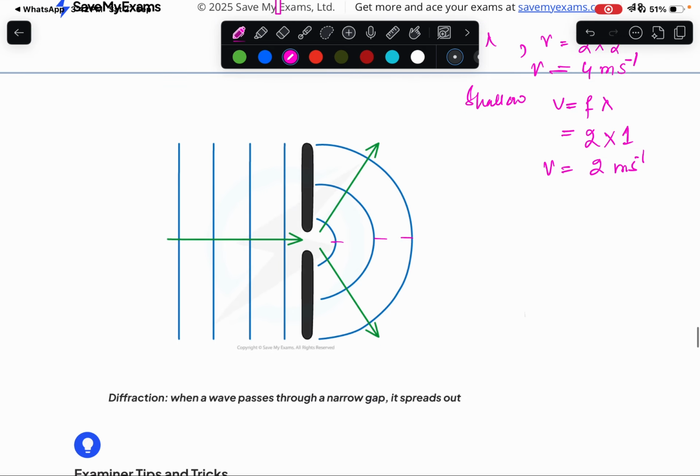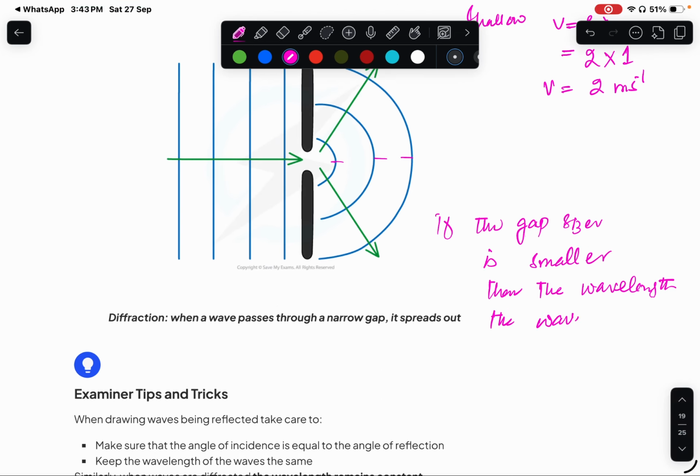Okay, if the gap size is smaller than the wavelength, the wavefronts would bend more.